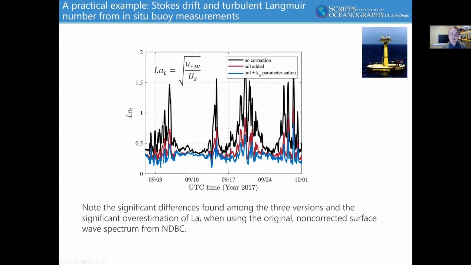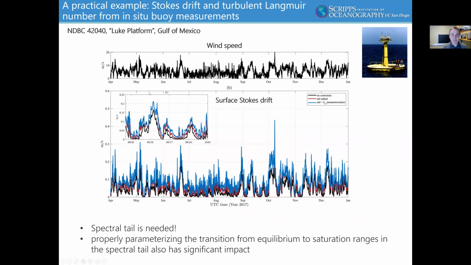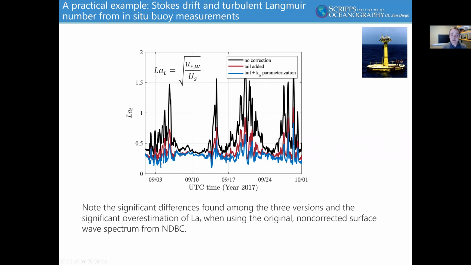If you take it to the next step, if you look at the Langmuir number, which is the square root of the ratio between u star, the friction velocity in the water, and the Stokes drift, and you look at the zoom-in that I had here, this is what you obtain.